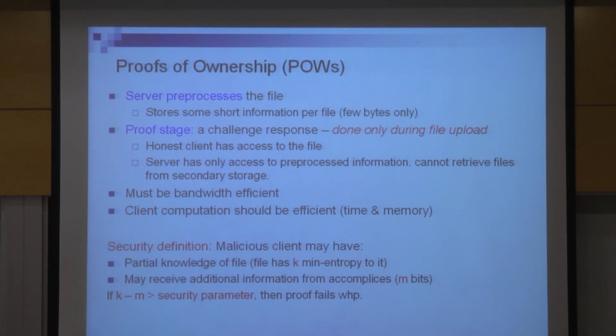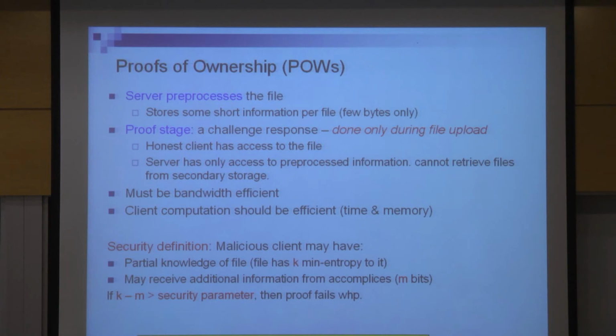And now the security definition. What are we trying to secure against? Suppose we have a malicious client, and we really want to cover all the bases. So this is stronger than what most people would intend, but this is what we aim at.